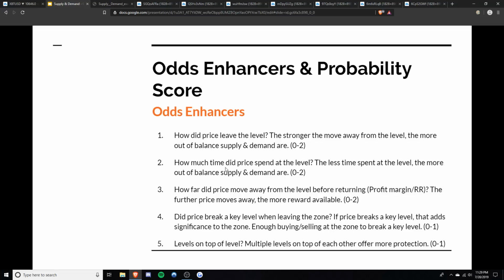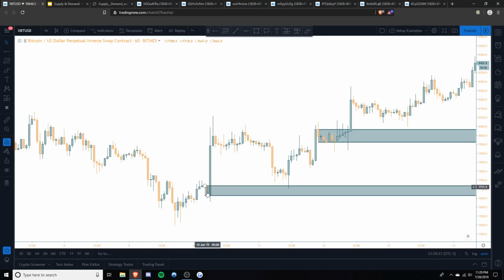How much time did price spend at the level? Not very much at all. Just a few candles. You have 2 in this example. We did have some price action over here, but it looks like it didn't affect much. You could see how we started off down here, and then look. This is how supply and demand works. It really is all in this chart.